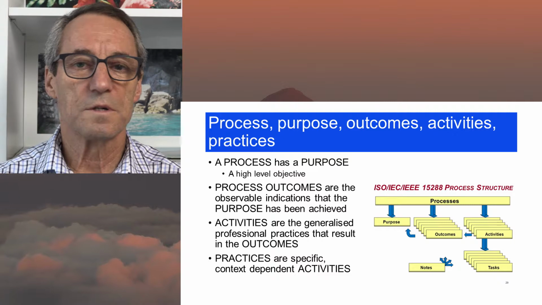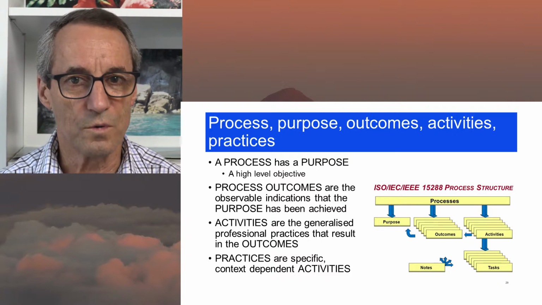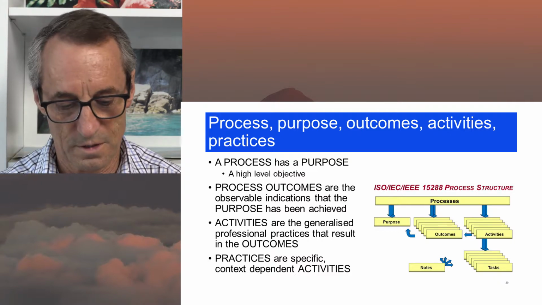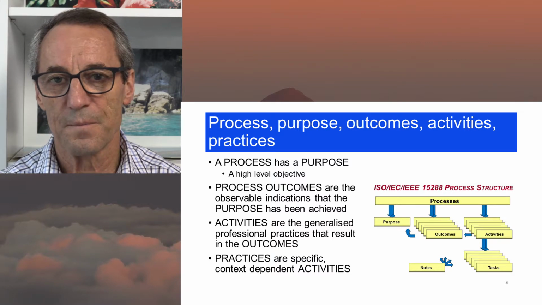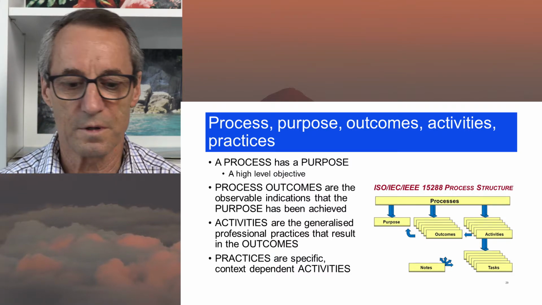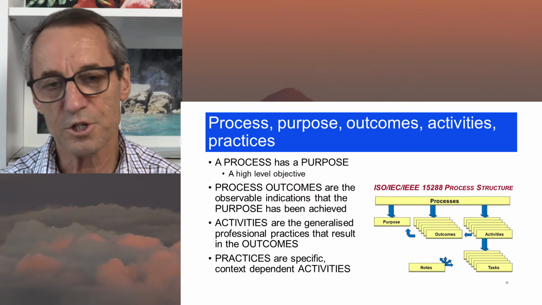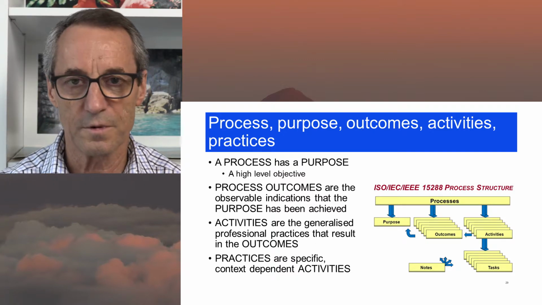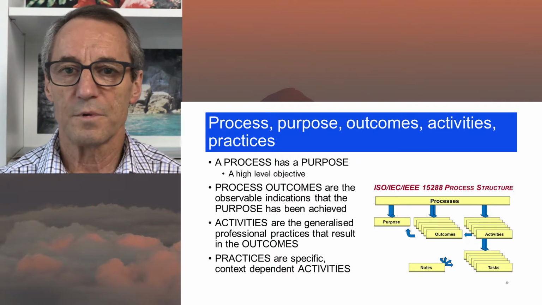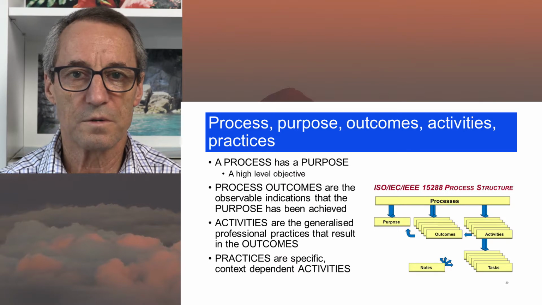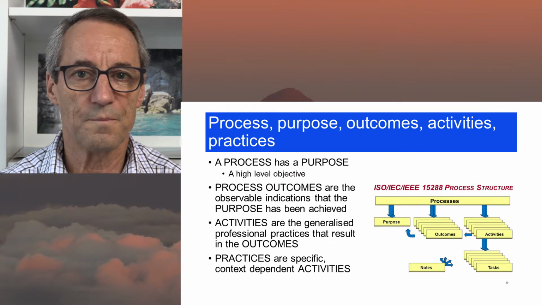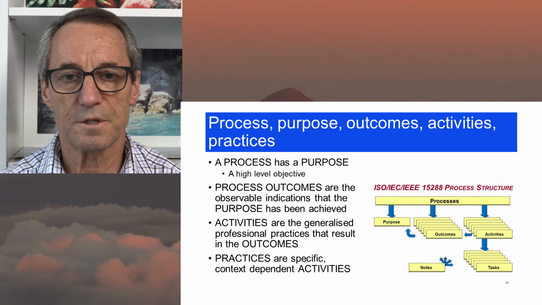The activities are what you do to produce those outcomes, and the practices are the specific things you do within those. The activities are the generalized professional practices that result in the outcomes. For example, if you're developing an architecture, you might write a conceptual architecture.